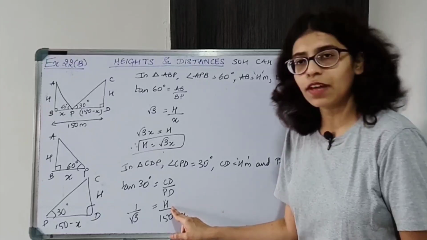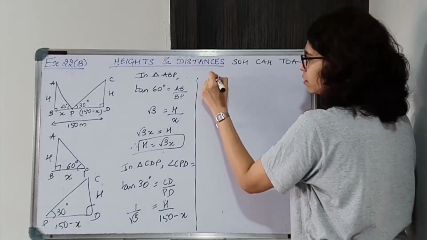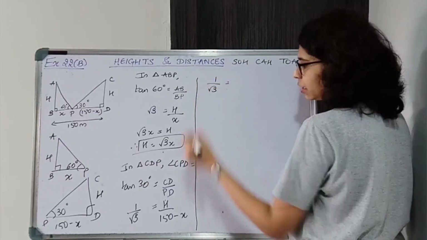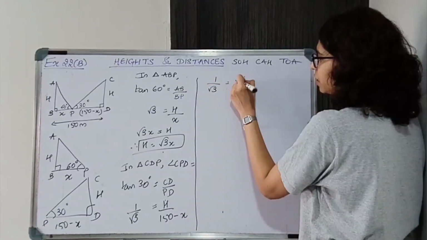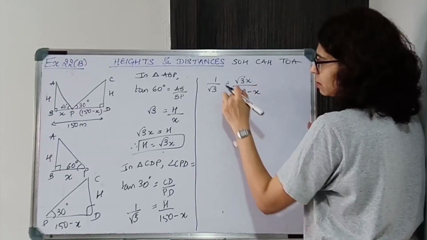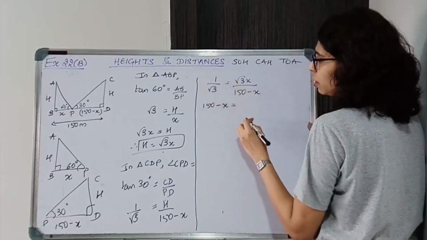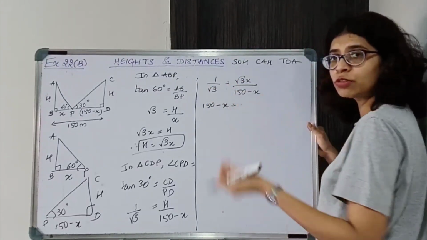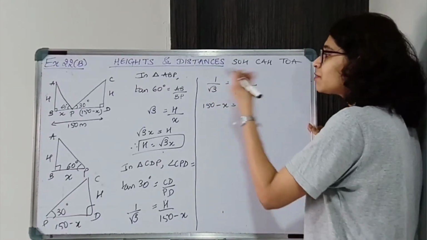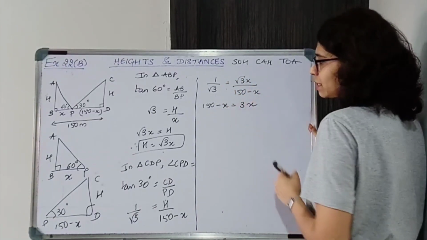So in place of h, you'll write root 3x. So 1 upon root 3 is equal to h is root 3x and this is 150 minus x. Cross multiply, so 150 minus x is equal to root 3 into root 3. Square root of a number into square root of that same number gives the number. So 3 हो जाएगा into x.